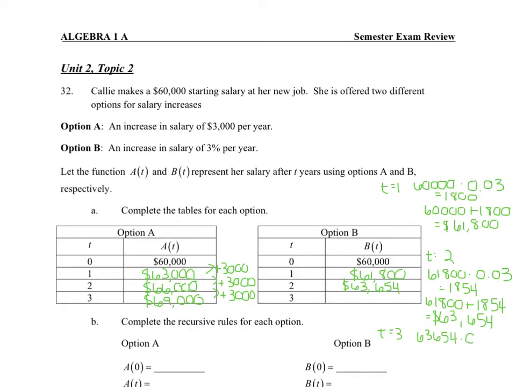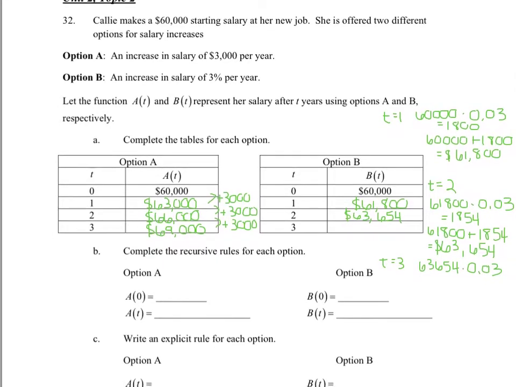63,654 times 0.03. And that's going to equal $1,909.62.